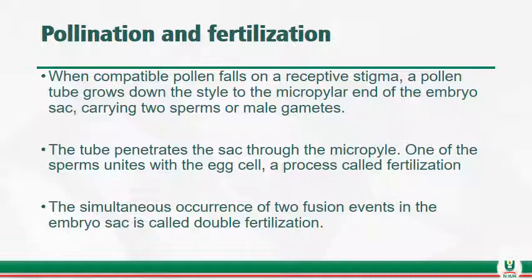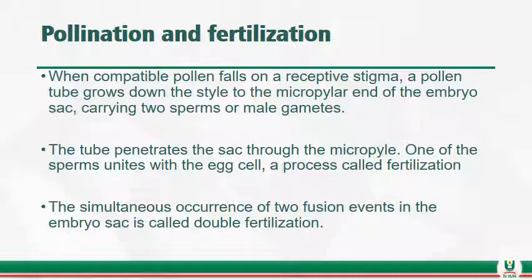The tube penetrates the sac through the micropyle. So one of the sperm unites with the egg and fertilization occurs. So the simultaneous occurrence of two fusion events in the embryo sac is known as double fertilization.